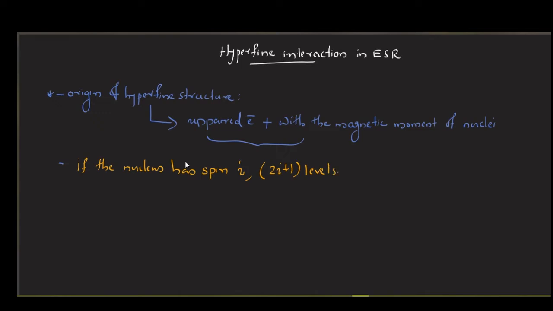So, there is a further splitting of the ESR spectral line. What is the reason for that? The reason is the interaction of the unpaired electron with the nucleus.